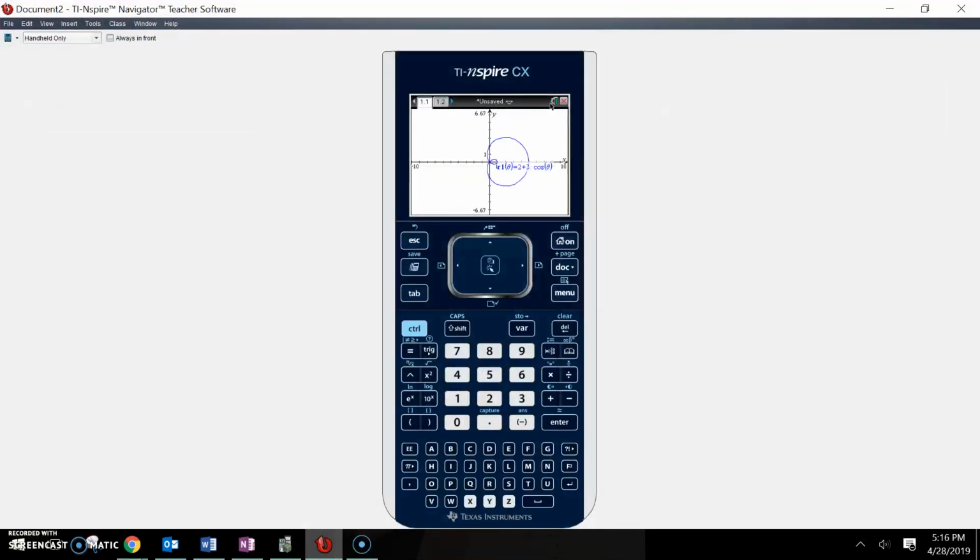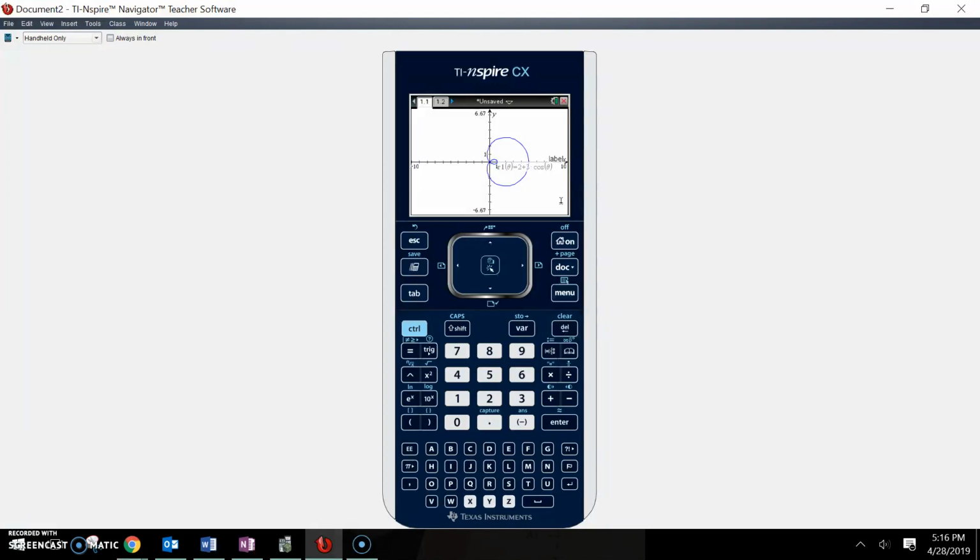But in the Inspire, the first graph, 2 plus 3 cosine theta, looks like this picture. It has an inner loop, and it's called a limaçon. And we can see that our max R value, if we count along the x-axis, is going to be 5 units along the x-axis.